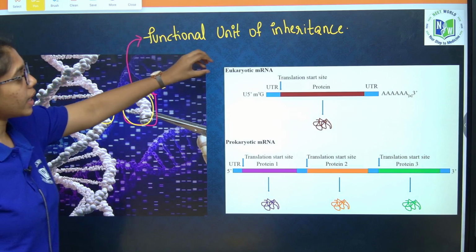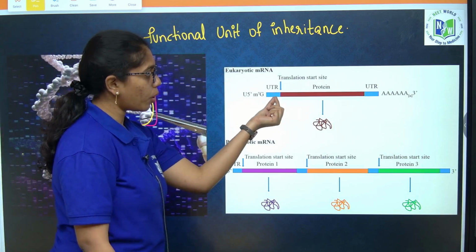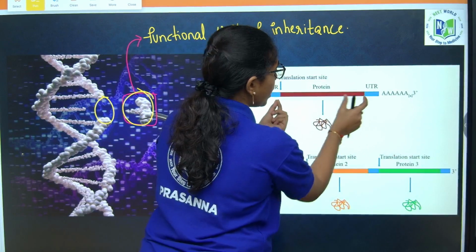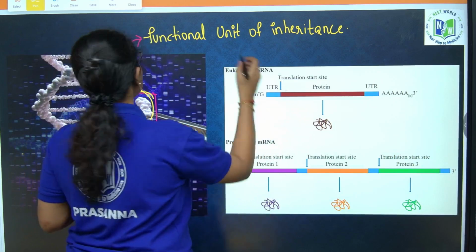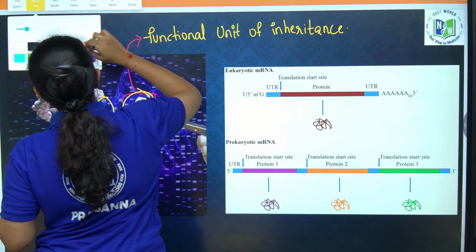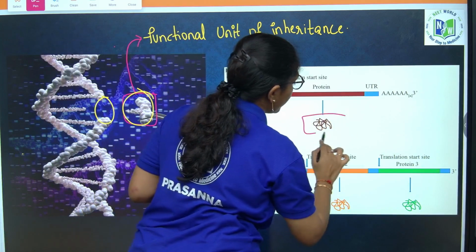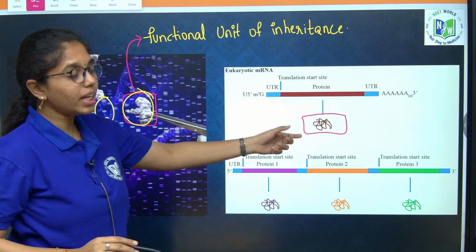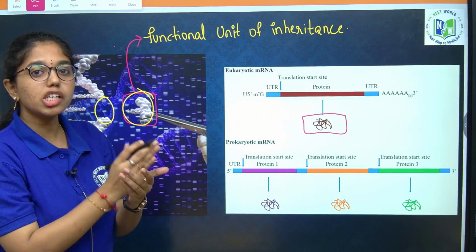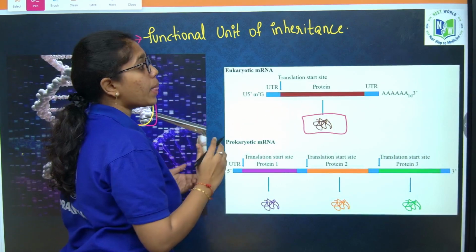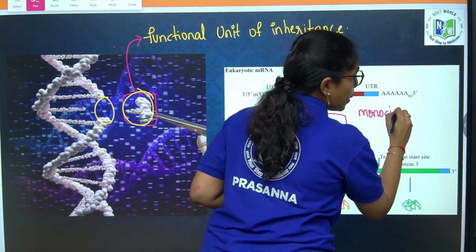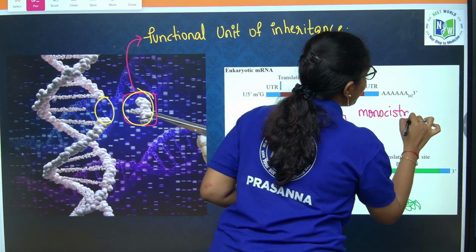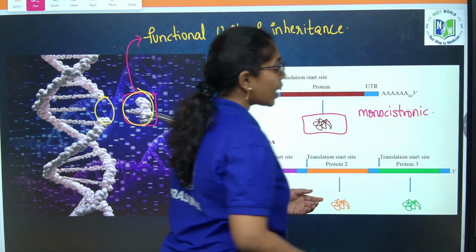If you take a eukaryote, in between the promoter region and terminator region, the structural gene will code for only one protein, one polypeptide chain. That is why this is called monocistronic.